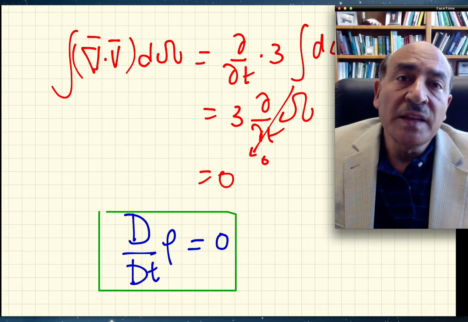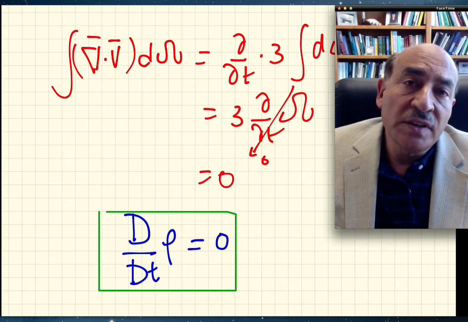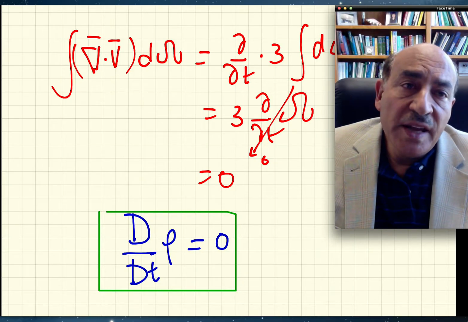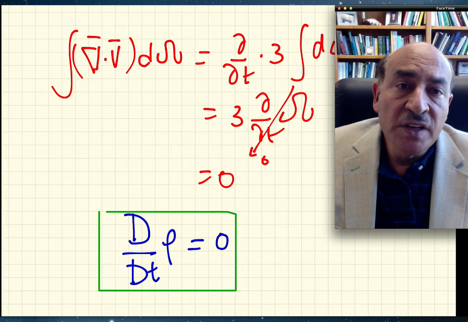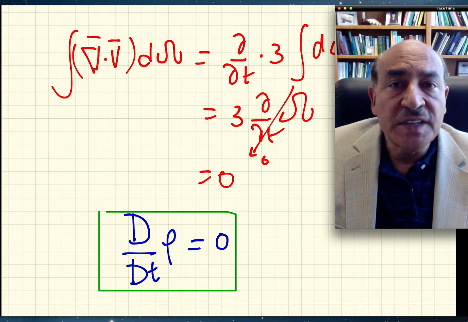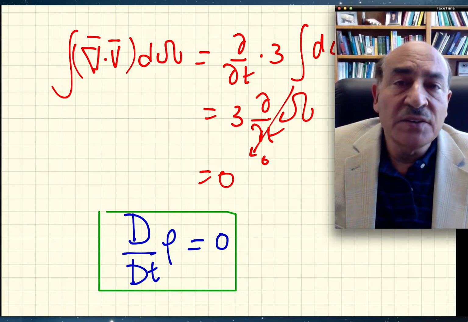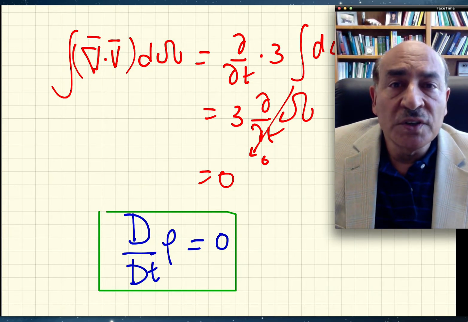In the case that the velocity is very small, like a creeping flow, or that we have a stationary fluid, then the capital D by dt will be equal to the standard partial derivative with respect to time of the total density. And that would complete our derivation for the conservation principle of the total density of the system. We'll just continue in the next lecture to look at what happens to species conservation.